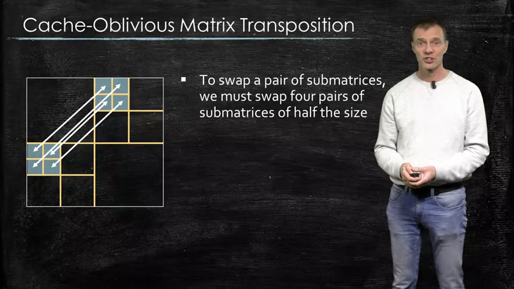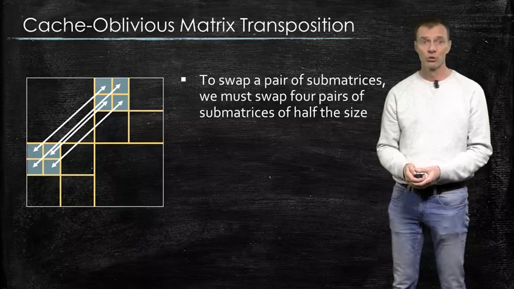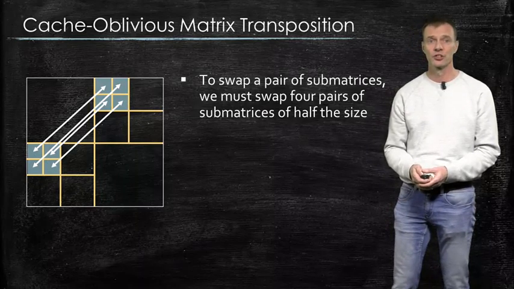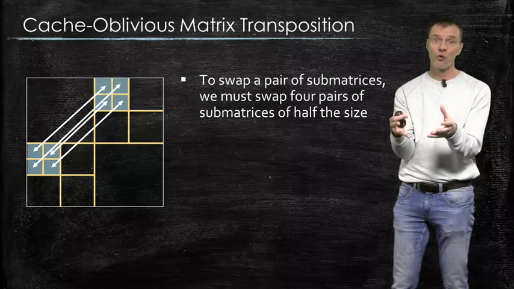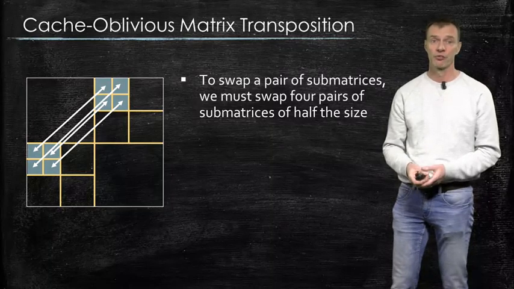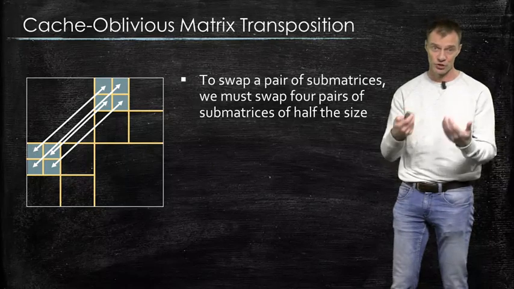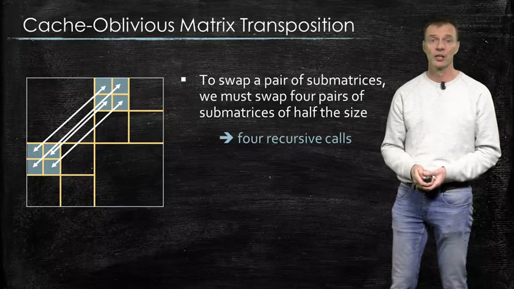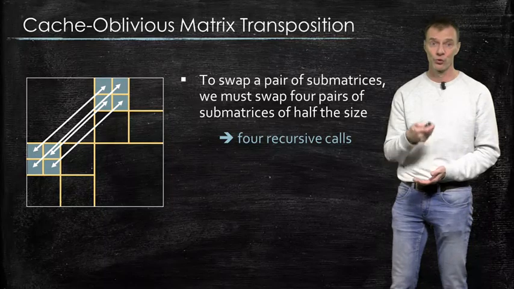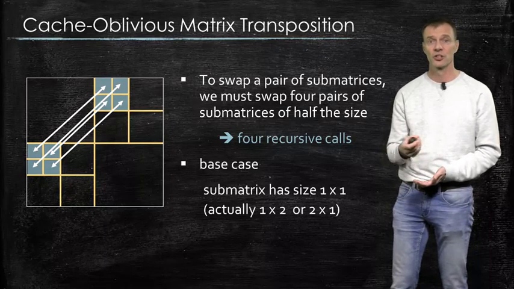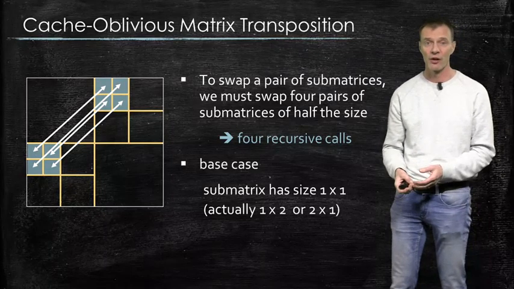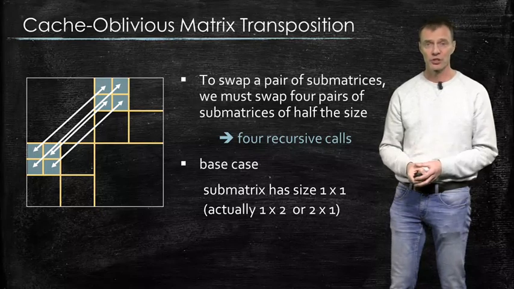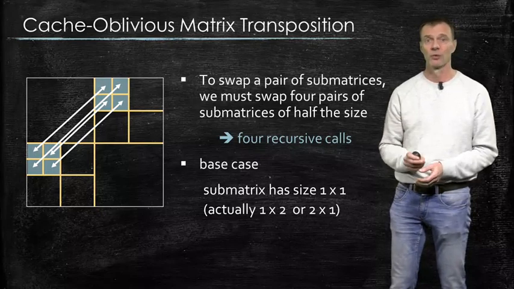Okay, so this is the general plan. To swap a pair of submatrices, we have to swap 4 pairs of submatrices of half that size. So from the algorithmic point of view, you get 4 recursive calls, and this continues all the way until you have, let's say, submatrices of size 1 by 1.